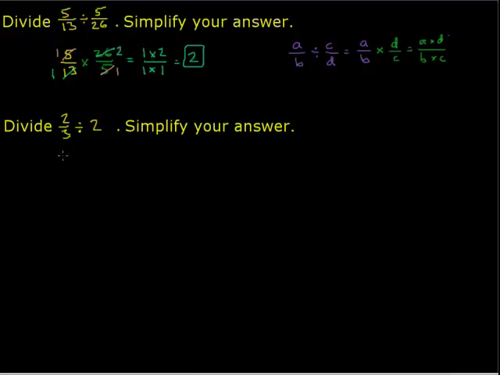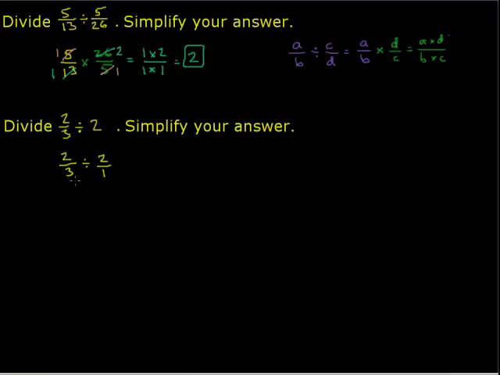So let's just rewrite this problem just a little bit so it makes it easier to see how we're going to treat it. So 2/3 divided by, instead of just 2, we'll say 2 over 1. All we've done is we've written 2 as a fraction so that we can see how to find the reciprocal.